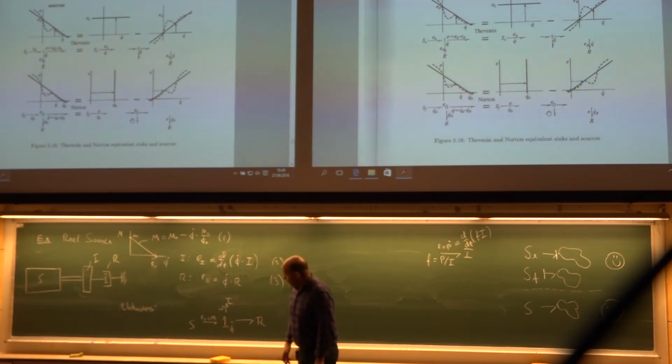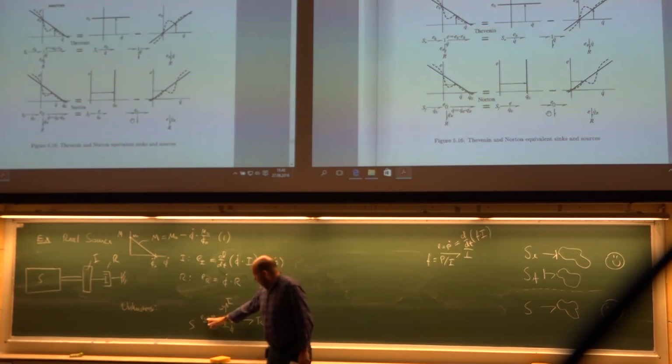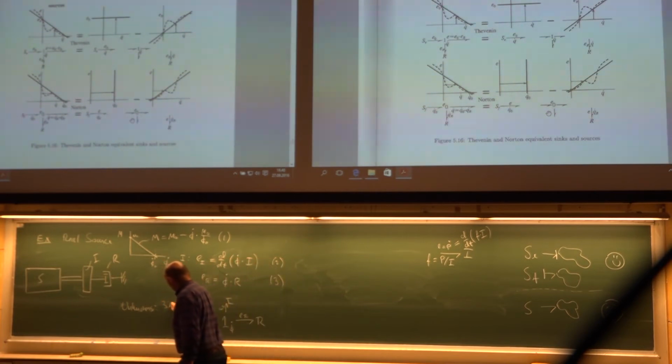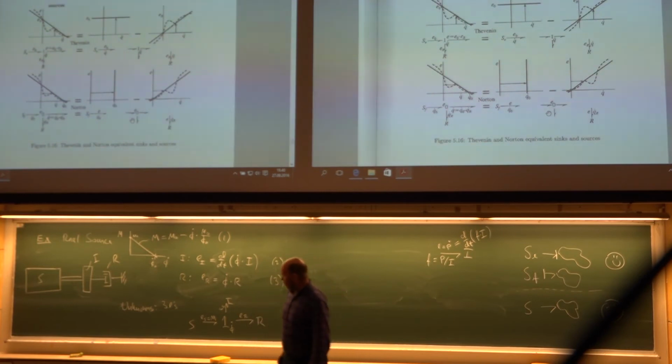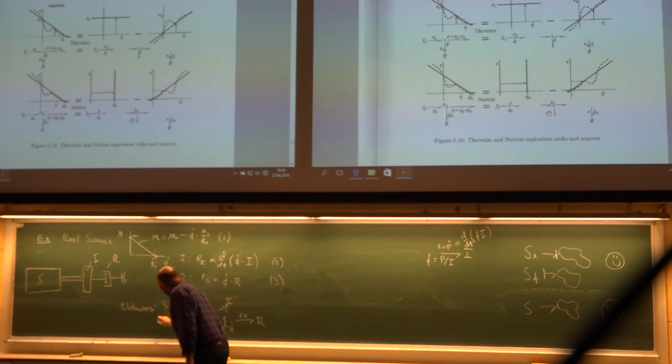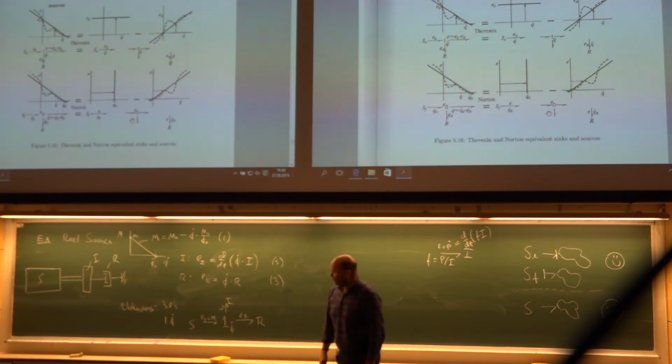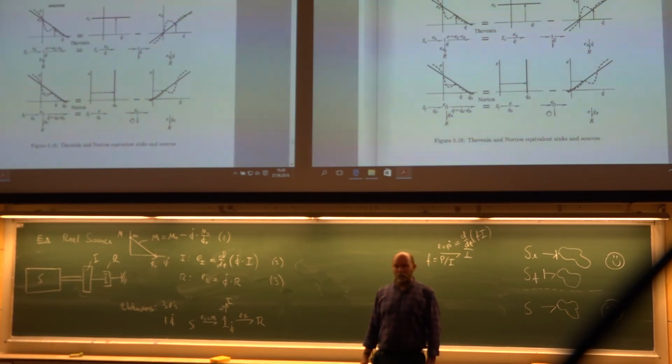Well, for this problem I have 1, 2, 3 efforts, and the flow. 3 efforts and 1 flow. So I have 4 unknowns. I need 4 equations. I'm missing 1 equation.